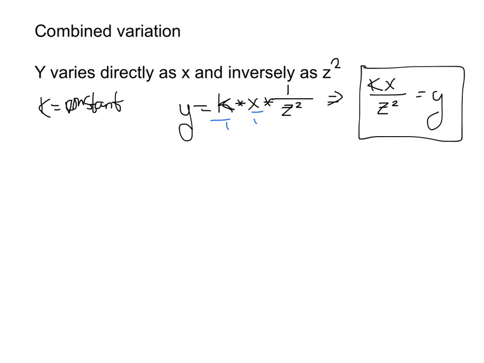We can also look at another example. So we can say m, maybe it's not always y, but m varies directly as w, and the cube of z.